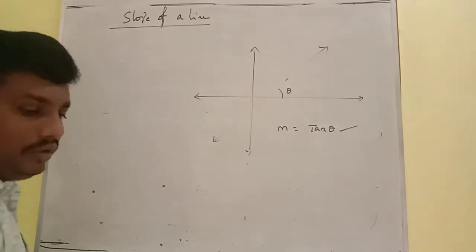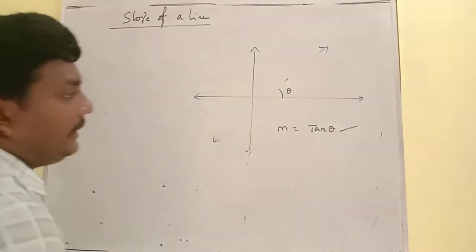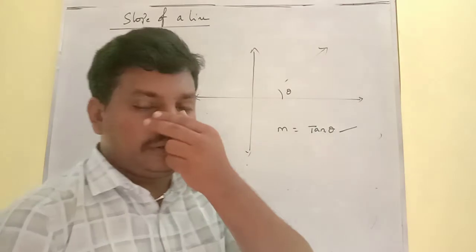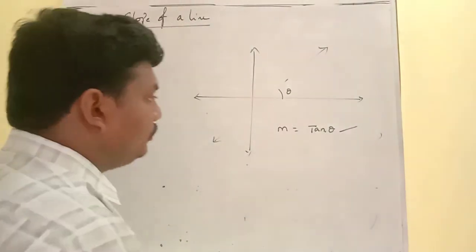Now, how to find the slope when two points are given?